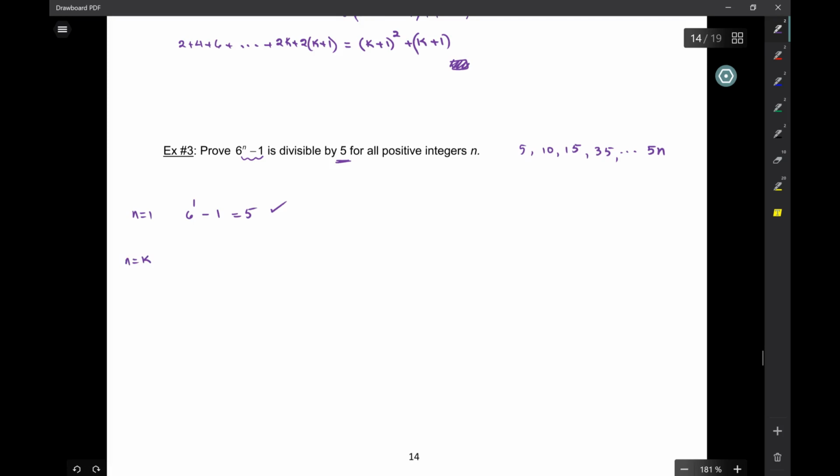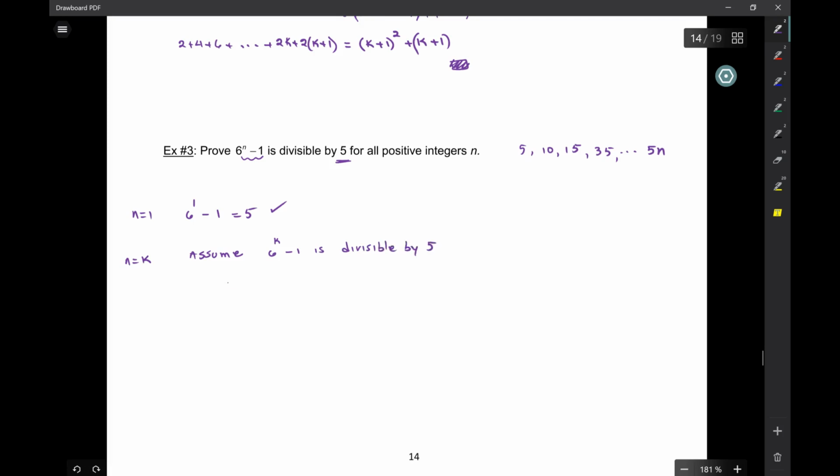n equals k. Now here's what you have to do. So for the n equals k step, remember this is the one where we just changed the n's to k's, assume 6 to the k minus 1 is divisible by 5.